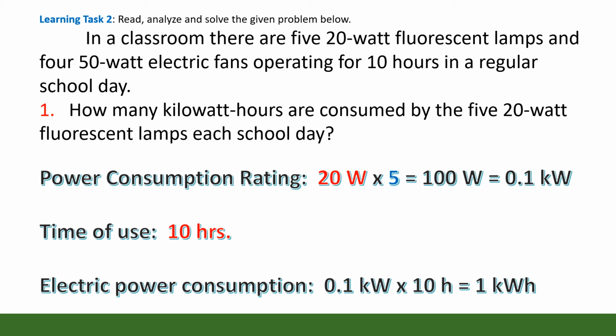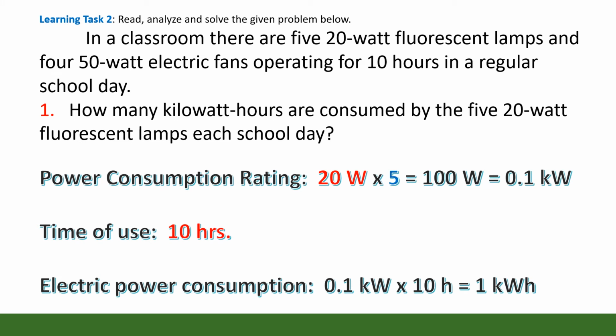At dahil ito ay 5, we need to multiply that 20 watts by 5 for us to get 100 watts. In which, of course, this 100 watts is equivalent to 0.1 kW or kilowatt. Paano naging 0.1 kilowatt yung 100 watts? Of course, you need to divide 100 watts by 1,000.